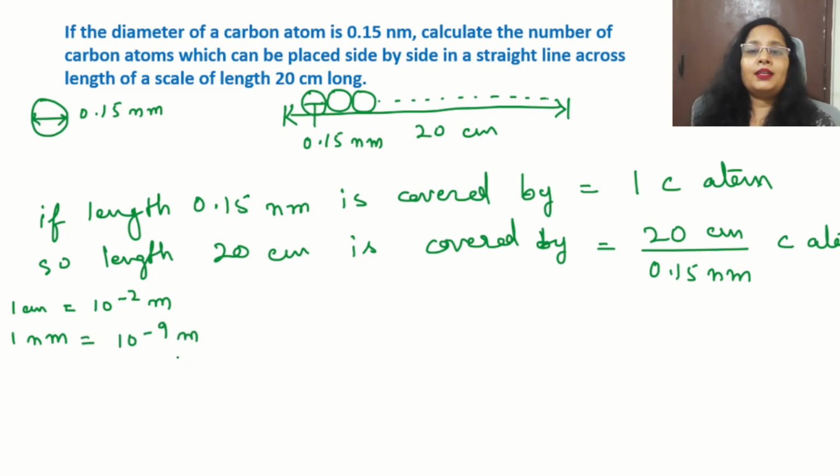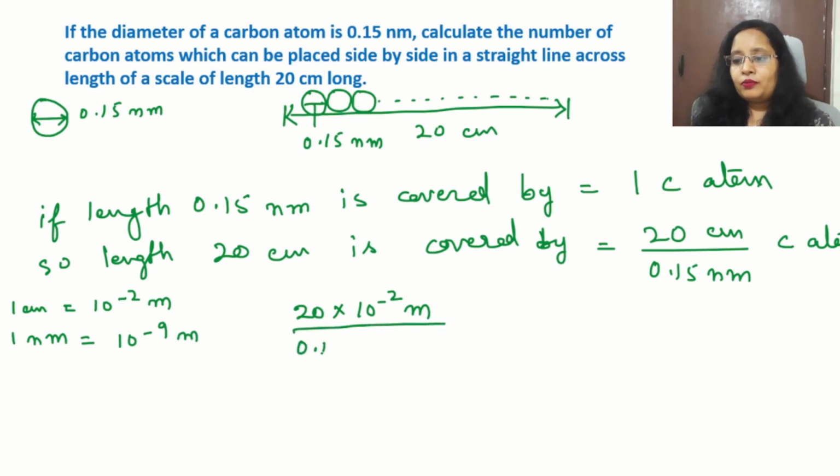Now applying these in place of centimeter and nanometer. Let's see. So here the question is 20, in place of centimeter we will write 10 to the power minus 2 meter, upon 0.15, and in place of nanometer, 10 to the power minus 9 meter.